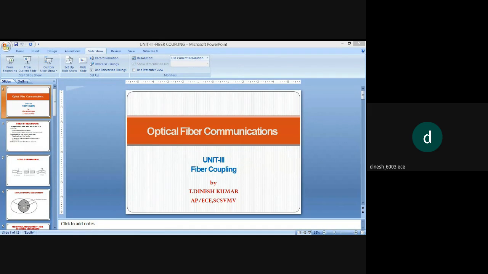So the next topic is a continuation of the power launching schemes, fiber to fiber joints, which is fiber coupling. So let us see what we are going to discuss in coupling.